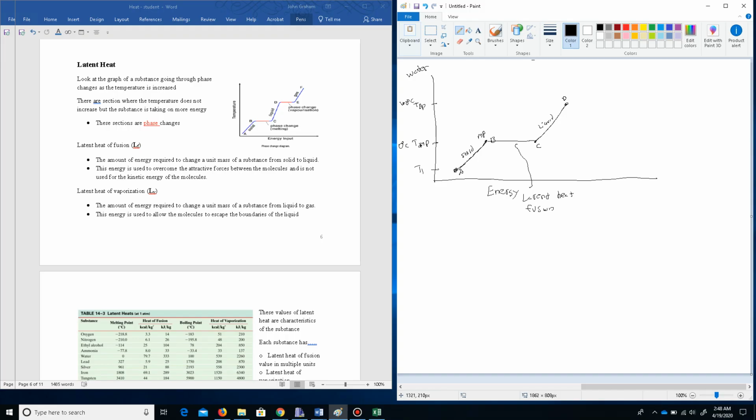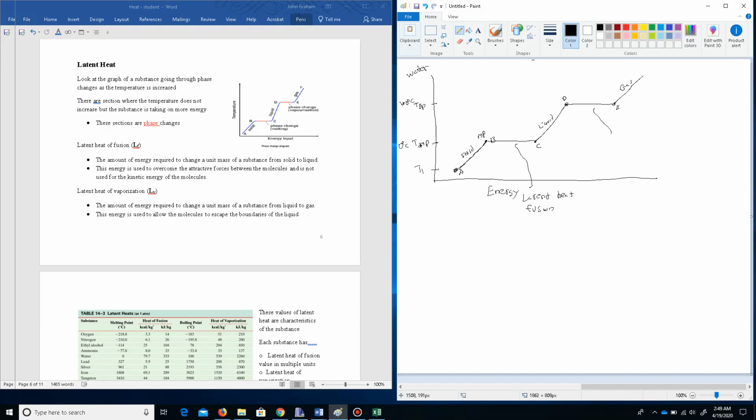At that point, along this liquid phase, as you add energy or heat, the liquid increases in temperature. Once it gets to this point, it's going to use the energy to break the bonds on the surface and stop being a liquid and become a gas. And so it gets to point E and it becomes a gas.